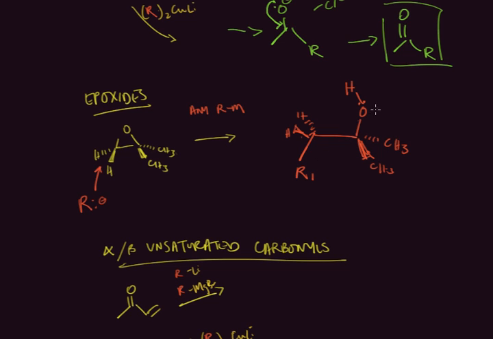So they're always going to be trans to each other, and you're going to get a 50-50 mix of the enantiomers here. This R group might be in the back, or it might be in the front over here, but keep in mind that the alcohol group, this OH over here, is going to be on the opposite side, trans to the nucleophilic R group.